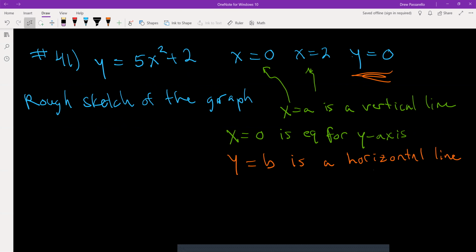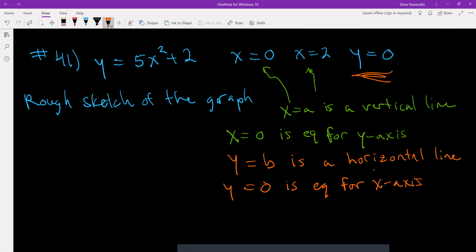Just like x equals 0 is the equation for the y-axis, y equals 0 is the equation for the x-axis, because the x-axis is a horizontal line, and on the x-axis all the y-coordinates are 0. These are things we should already know, but I'll go ahead and say that.